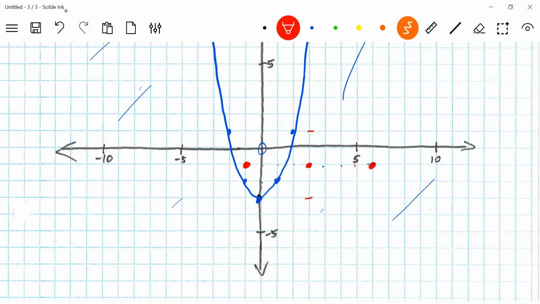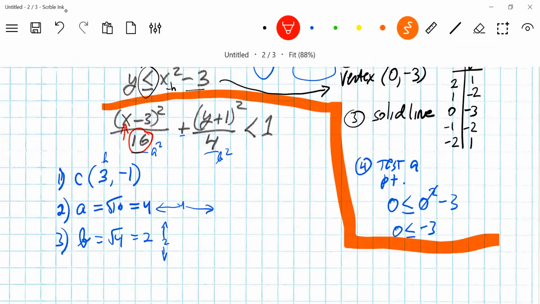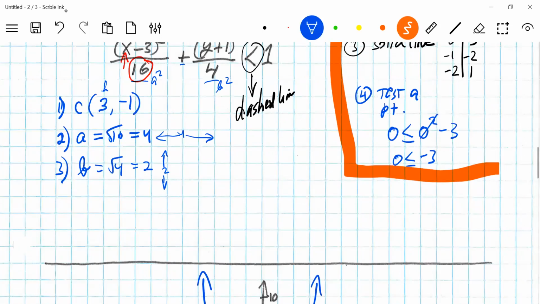So this is enough to graph this. Oh, I need to determine solid line or not. So what I see here means a dashed line. Dashed line. And I'll do that with number 4 here.